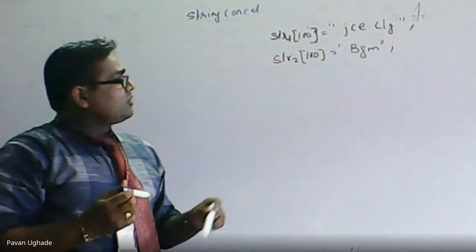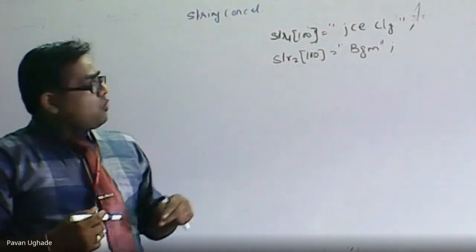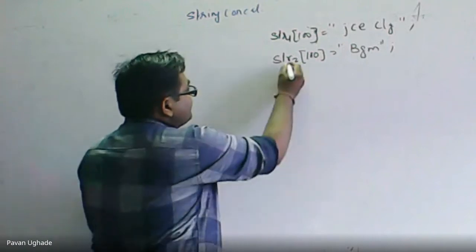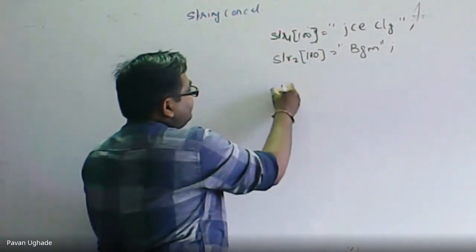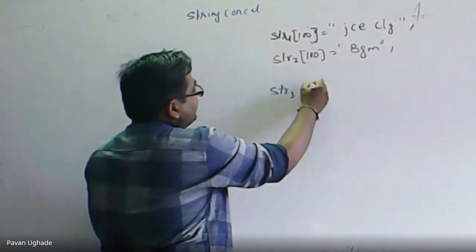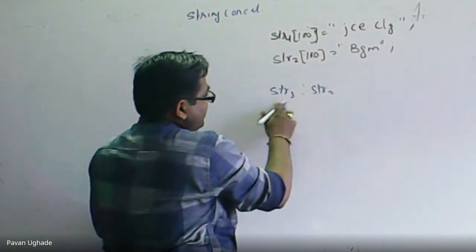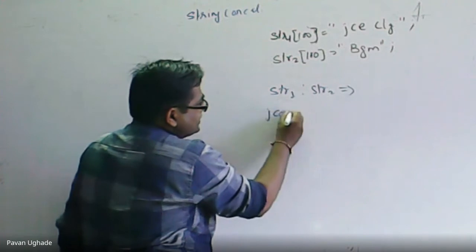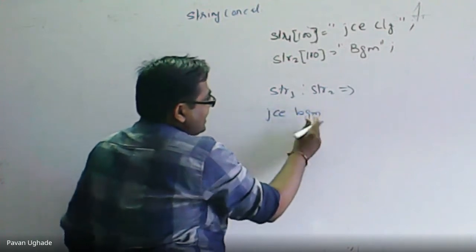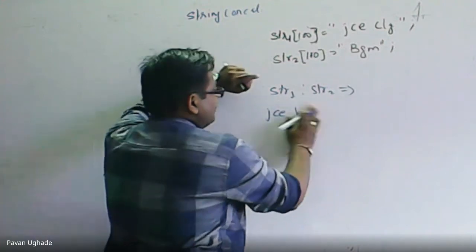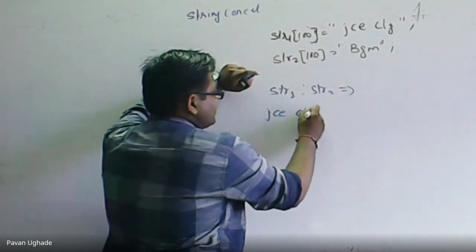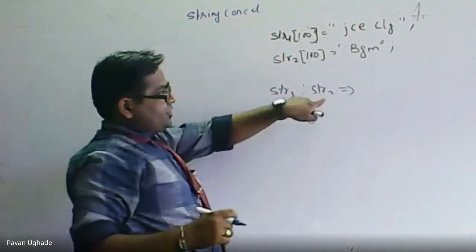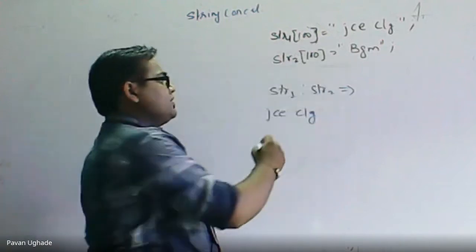When I want to concatenate string 2 to string 1, I do strcat of str1 and str2. It will look like this: first string 1, jce clg, and just after this we append string 2, that is bgm.